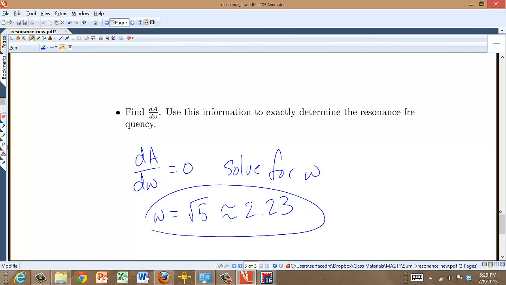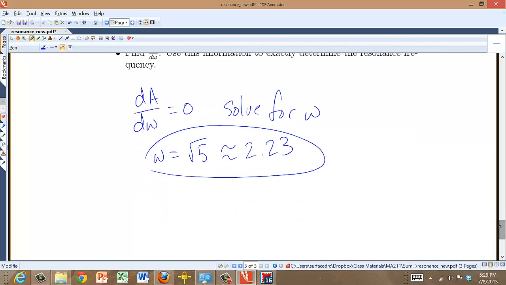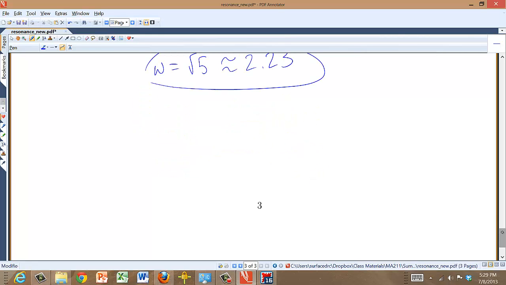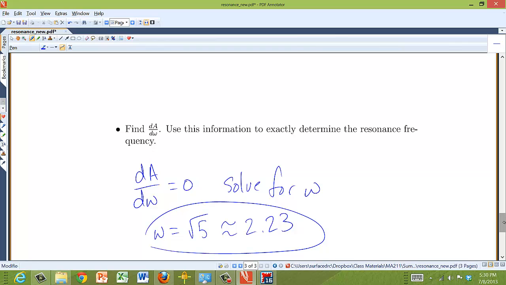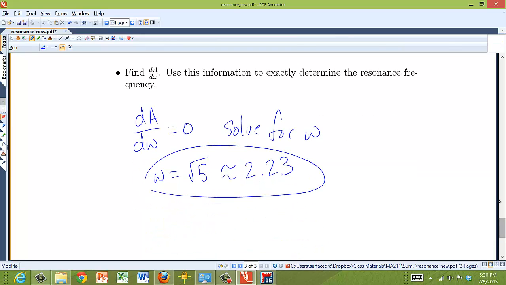That means that I get the biggest possible amplitude of oscillation by applying a periodic driving force that has frequency square root of 5 radians per second. And that's all there is to finding natural and pure resonance frequencies.